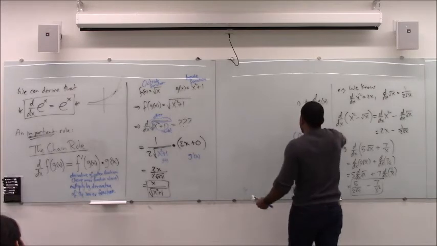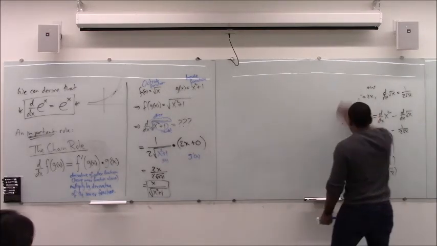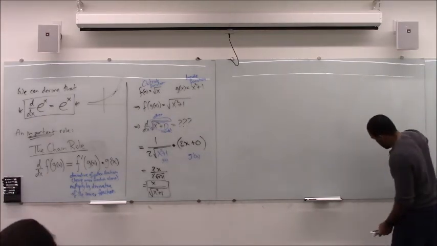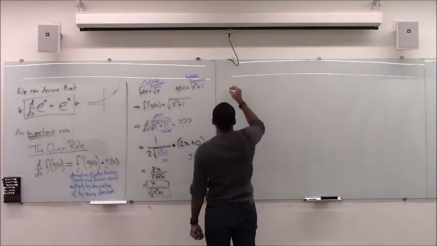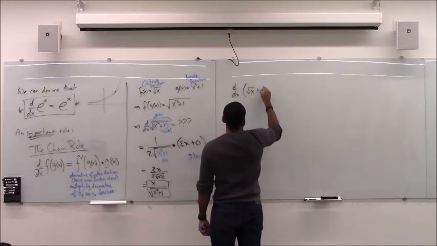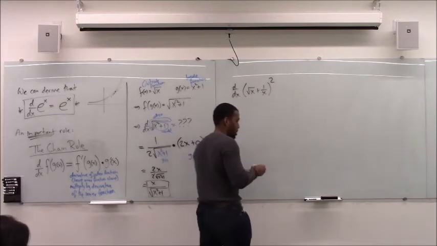So pretty much everything I told you, we could actually combine. So if I were to ask you what is the derivative of the square root of x plus 1 over x all squared, you guys tell me what that is.